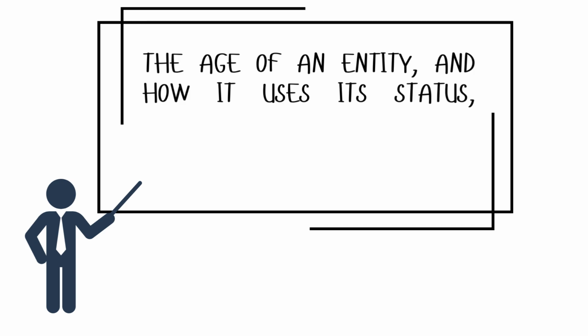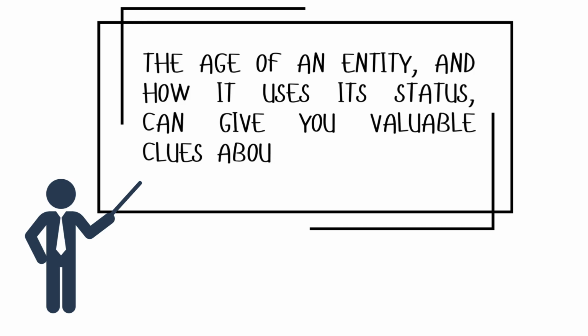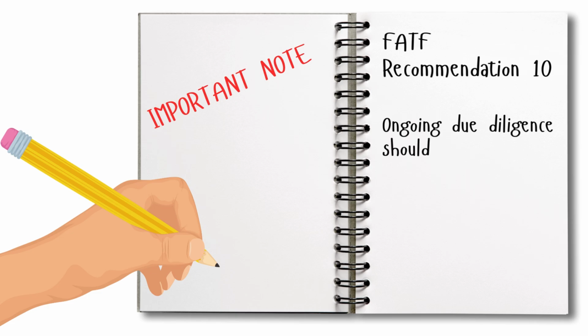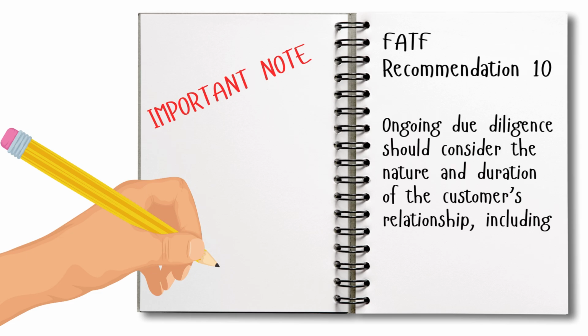So the key takeaway is the age of an entity and how it uses its status can give you valuable clues about risk. Quick theory note: according to FATF Recommendation 10, ongoing due diligence should consider the nature and duration of the customer's relationship, including the company's operational history.